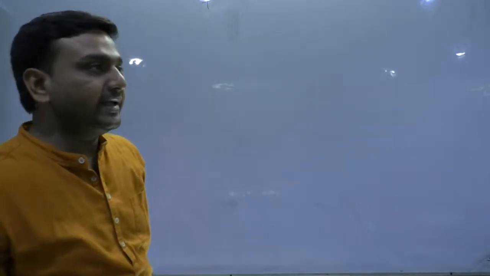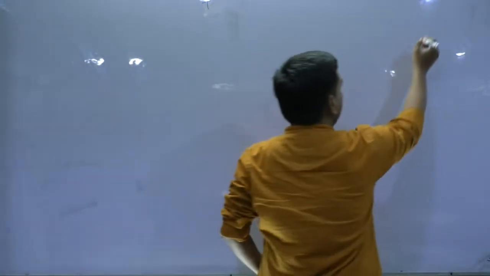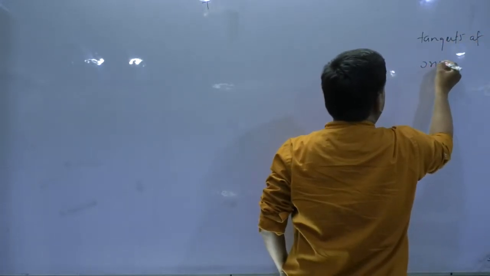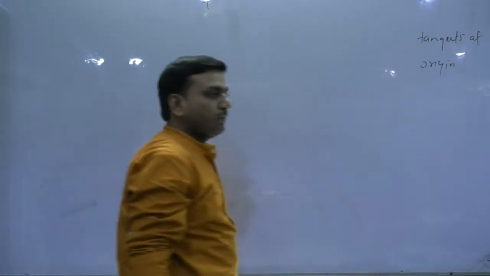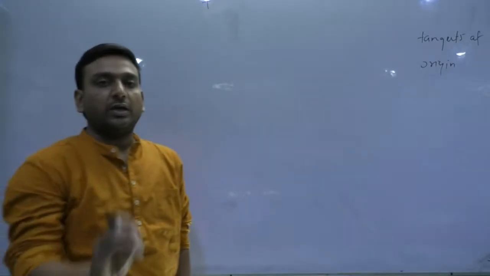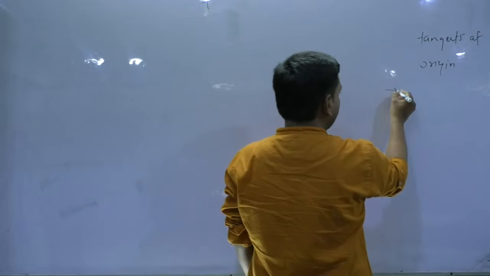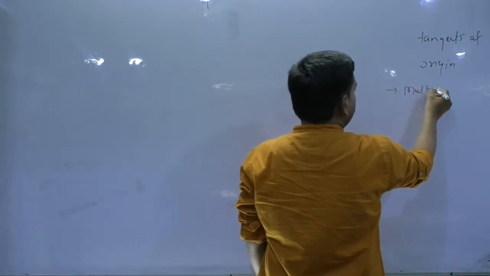So we have already discussed asymptotes. Now we need a bit of an idea about tangents at the origin. When I talk about tangents at the origin, you will have some terminologies here, like what are multiple points?